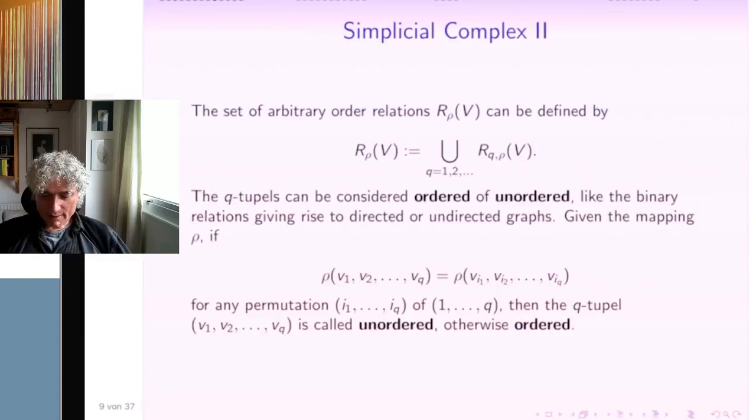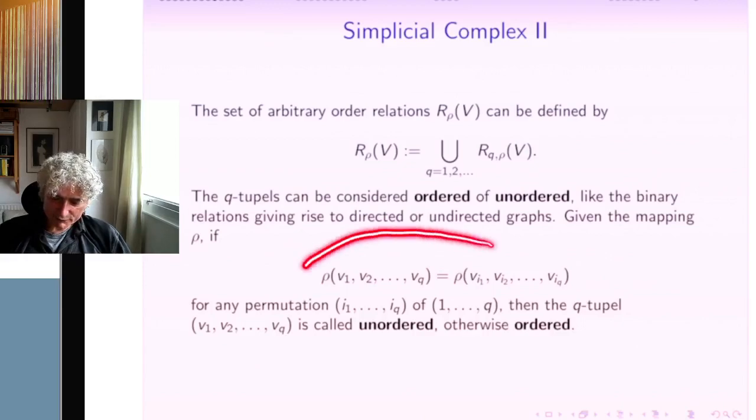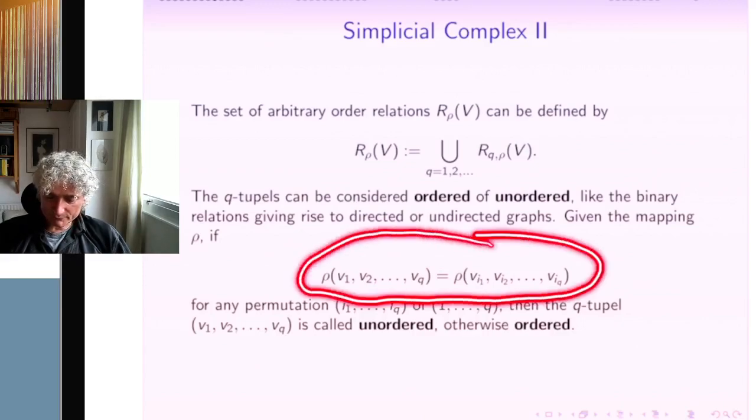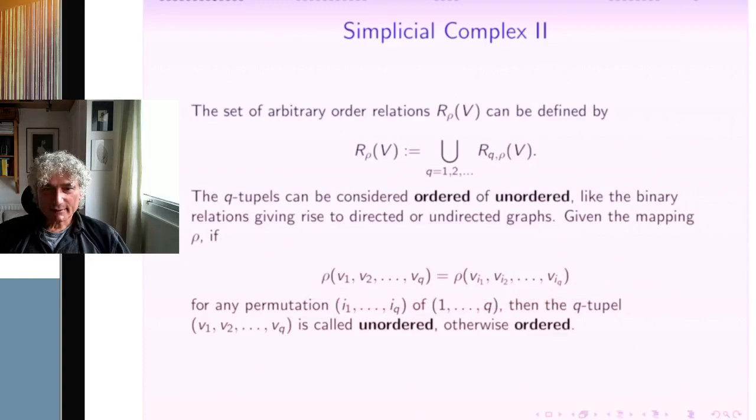So you can also define whether a simplicial complex is having an order or not an order. And as I said before, this is exactly given by permutations of the n relationships between the q relationships between q many elements of the set V.